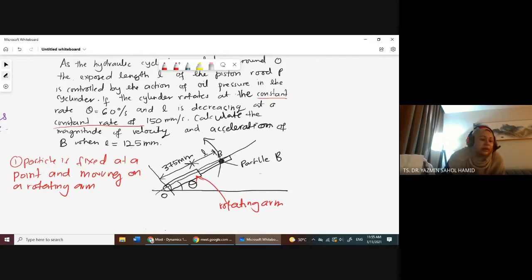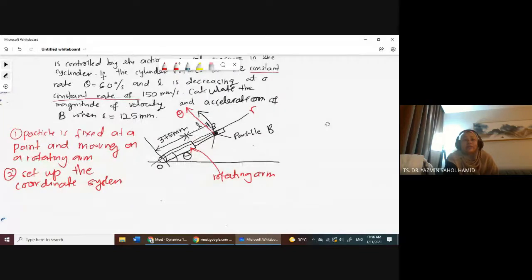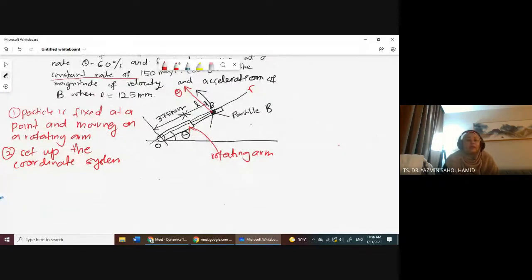Okay. Yang kedua, kita set up the coordinate system. Okay. So macam mana kita nak set up? Kita tahu kita ada radial R and then kita ada transverse theta. So kita set up the coordinate system, radial and transverse.